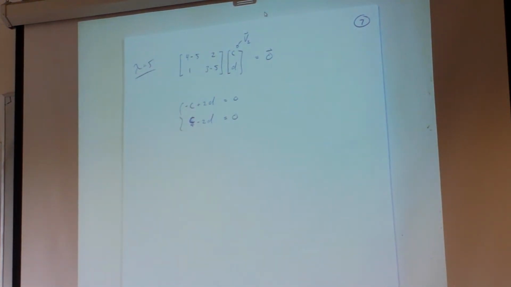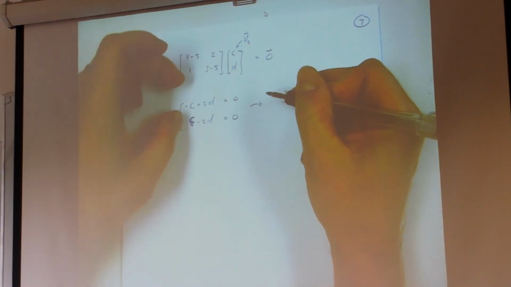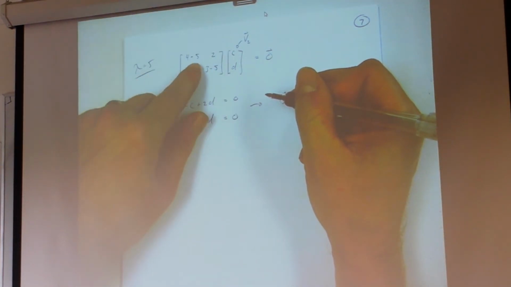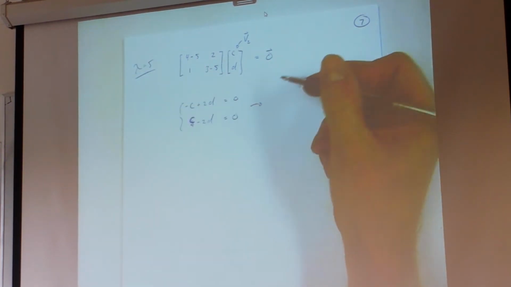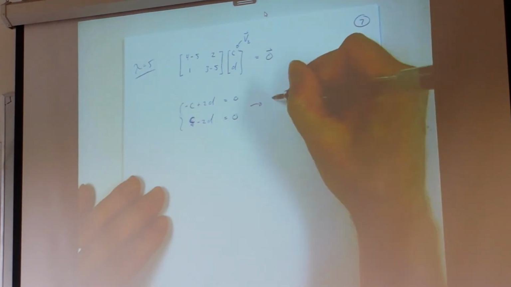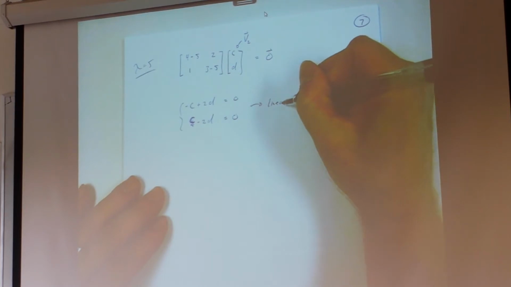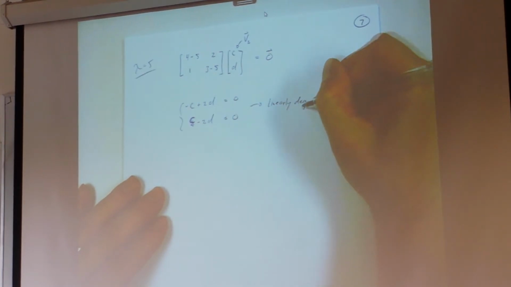So again, are these equations dependent? Yeah. The bottom one is negative 1 times the top. So there would be infinitely many solutions. Of course, they're linearly dependent because we found the lambda that made that happen. So these are linearly dependent equations.